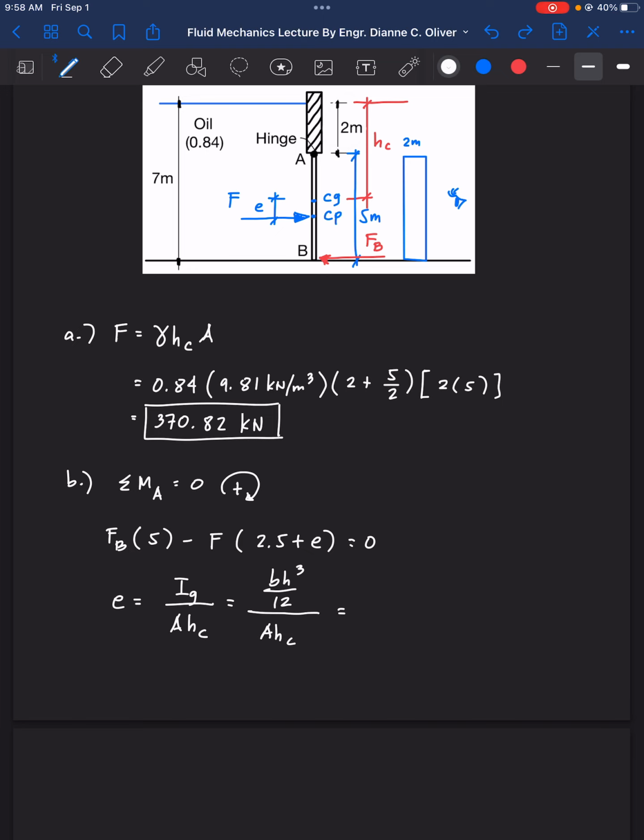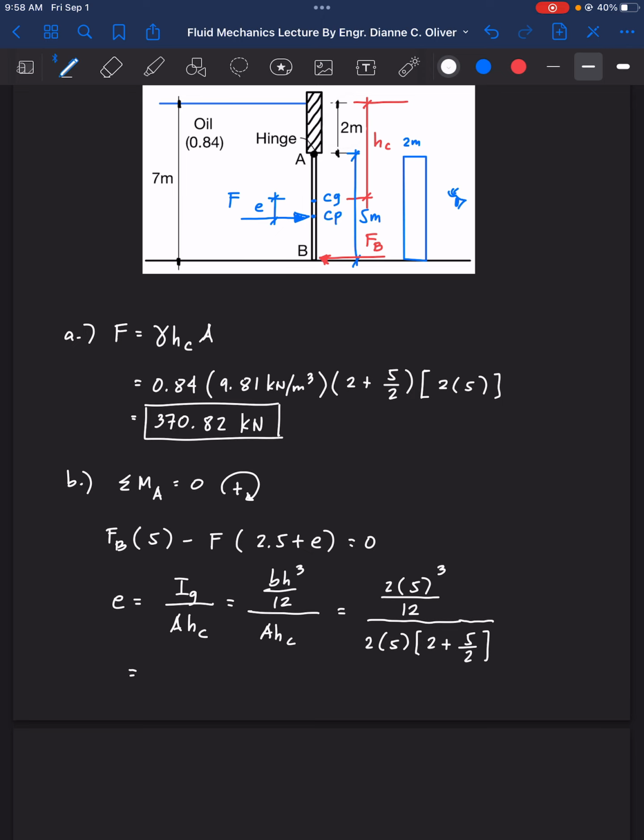Okay. So our base here is 2 multiplied with our height 5 raised to 3 divided by 12, all over 2 times 5 for the area. And as for the HC, that is, again, 2 plus 5 divided by 2.